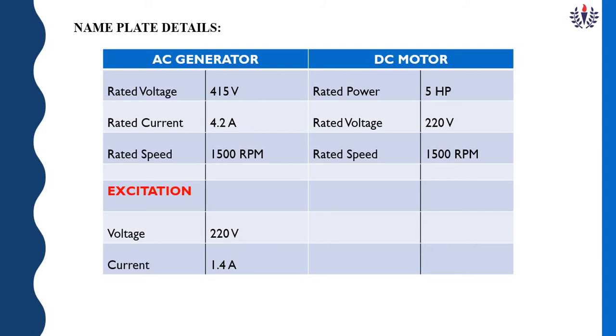Next, the details required for the DC motor: a 5 HP motor, of 220 volts and 1500 rpm. Whatever details we require to conduct the experiment, we have to note them all down.